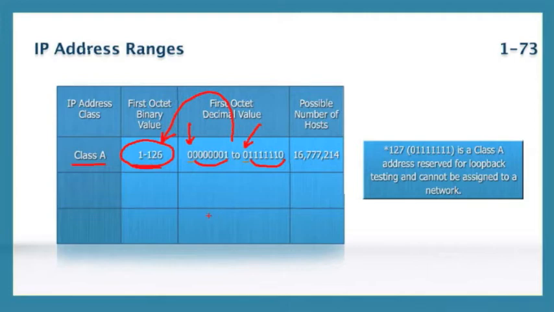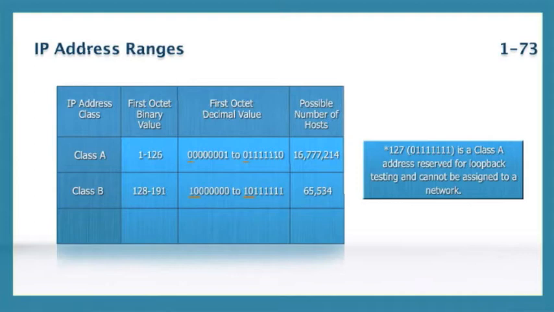Now, Class B has a possible range, and it's 128 to 191 in the first octet. And you look at this and you go, wait a minute, 127 is missing.